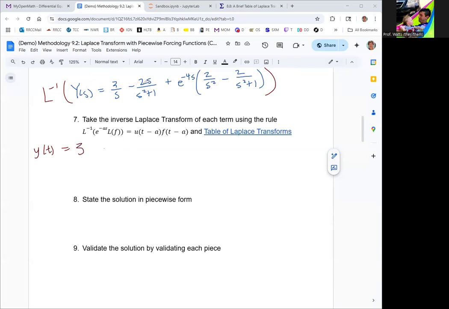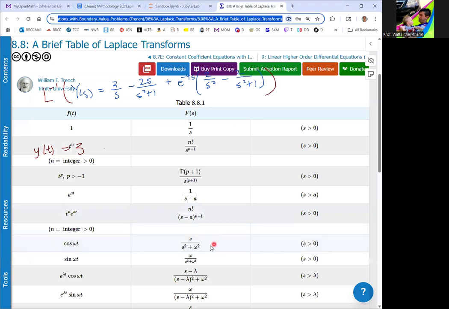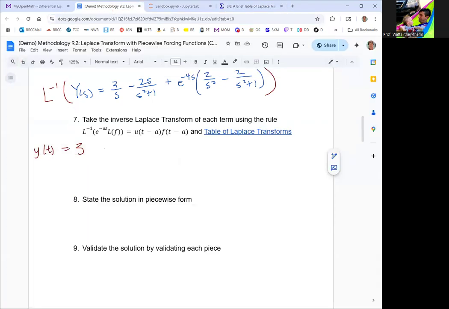And then the inverse transform of s over s squared plus 1 is cosine, right? Because s over s squared plus 1 is this formula here with omega equal to 1. So that'll give us a cosine. But there's a -2 there, so -2 cosine. So that covers the first two terms.